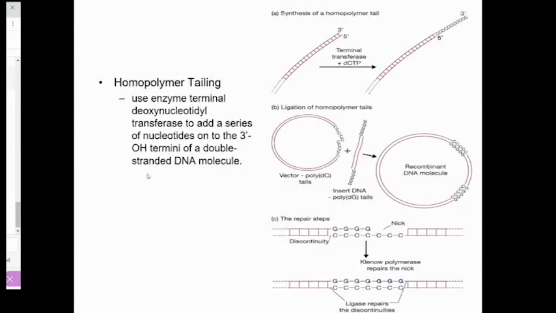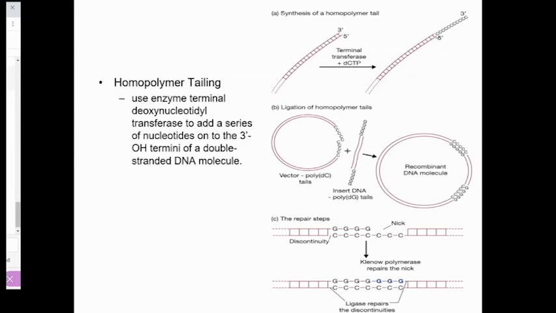So linker, adapter, and then another method is the homopolymer tailing. Basically, you have the blunted end. Then you synthesize the homopolymer tail by adding the terminal transferase plus the specific nucleotide you want to add. In this case, they show you dCTP in the presence of terminal transferase.